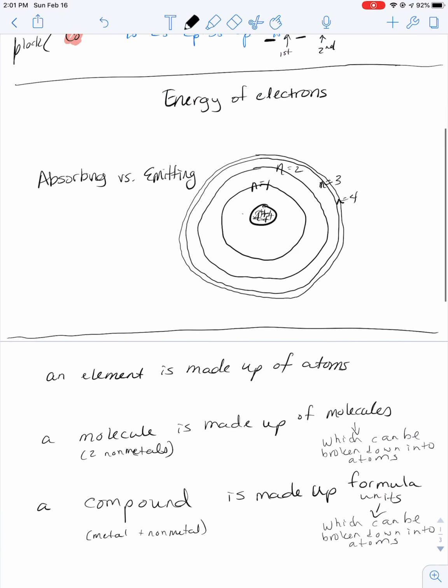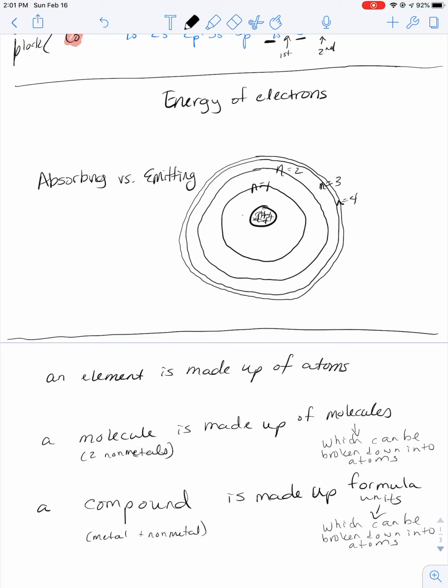Okay, so another thing that came up was about the energy of the electrons, and so we don't have to know how to calculate the energy of each energy level. You don't have to use that equation with the negative b times the z and then the 1 over n final squared minus 1 over n initial. You do not have to know that. But what you do need to know is that when you are going like this, out, that is absorbing energy.